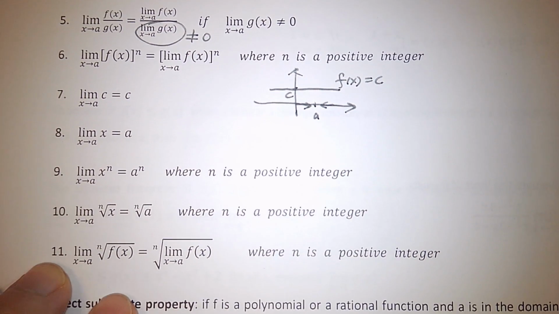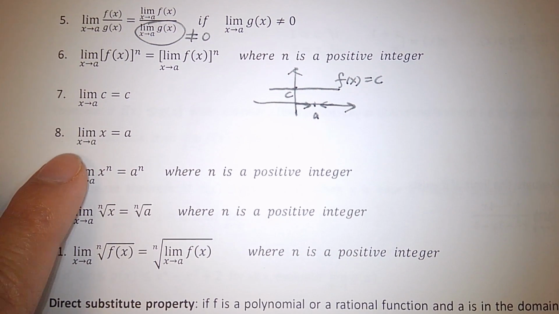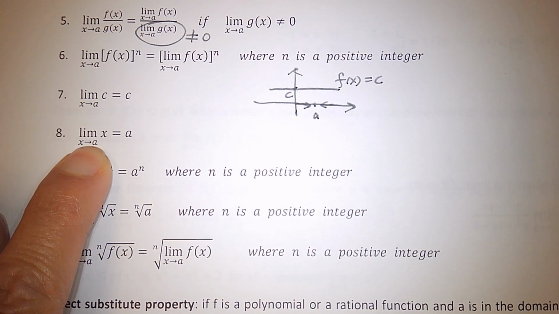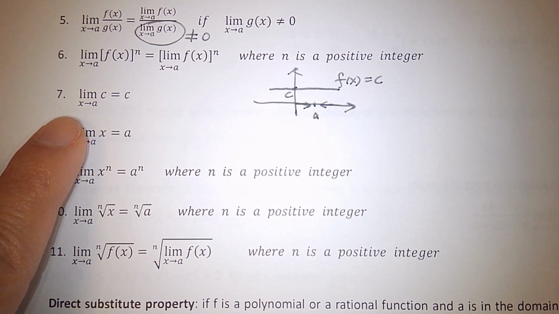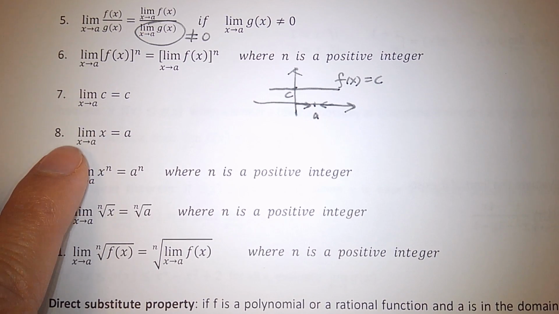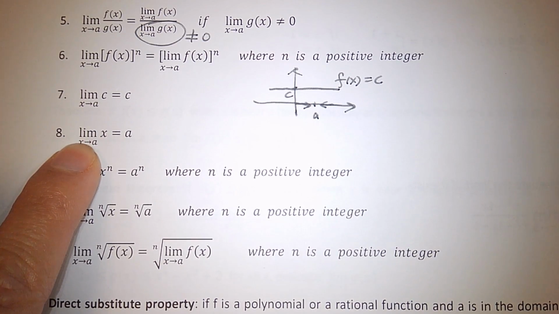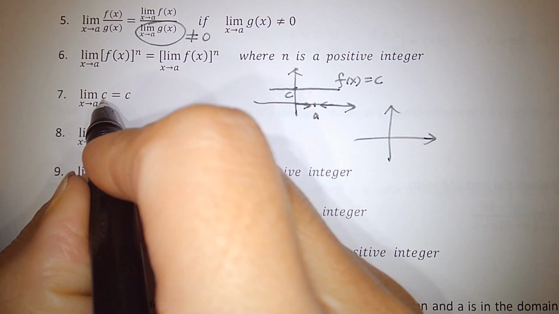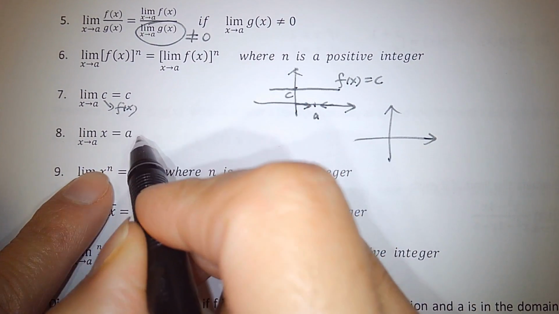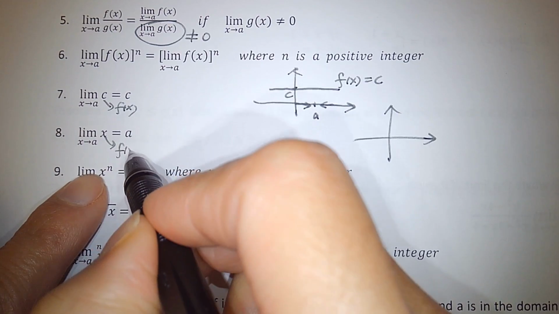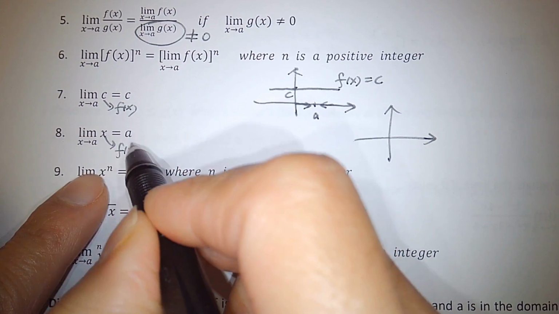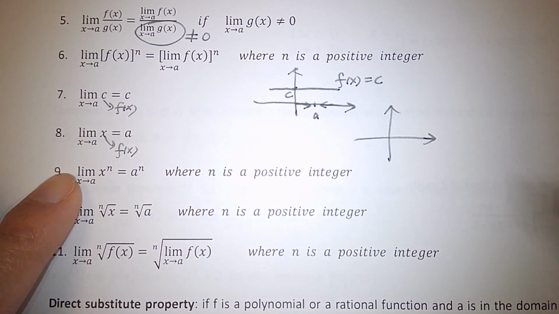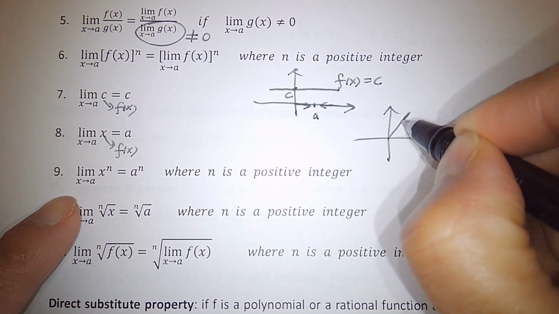Now let's talk about the limit of x when x approaches a. What should we have? x is a polynomial, right? If you want to draw a picture, this is f of x equals x. How can we draw the graph of f of x equals x? y equals x, a 45-degree angle.